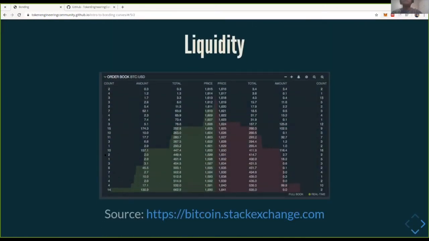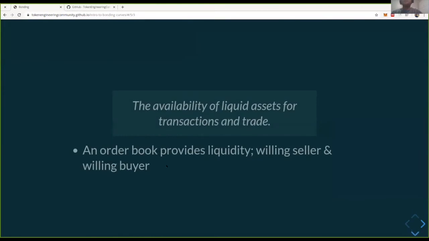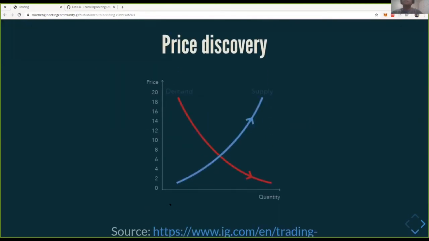Liquidity: this is a nice way to visualize it in the case of an exchange. You've got willing buyers and willing sellers, and this introduces the idea of liquidity. Liquidity is the availability of liquid assets for transaction and trade. Bonding curves can be used to introduce liquidity for systems.